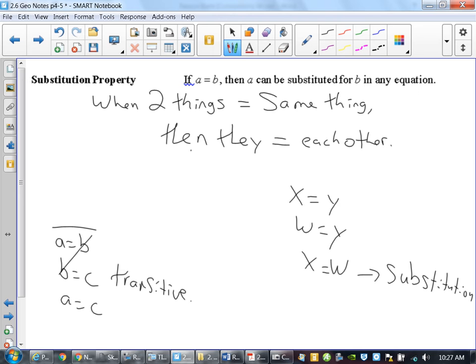All right. A lot of times within a proof, someone asked me this yesterday also: is it possible within a proof to use the same thing more than once? Yeah, absolutely. You can reuse reasons. There's no set limit to how many times a certain reason can be used. It all depends upon the type of problem.